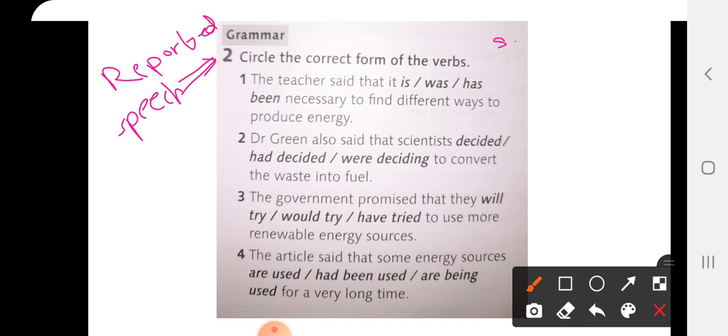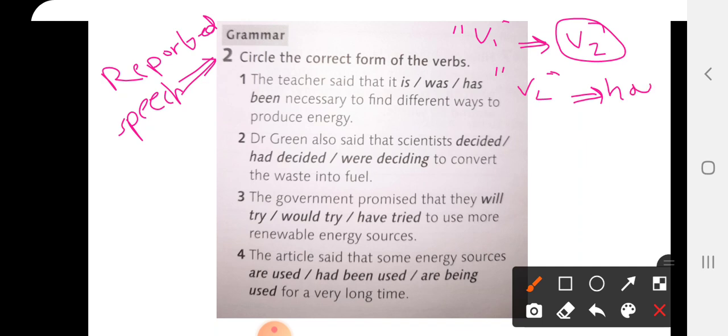Now, verb 1 or present simple is changed into what? Verb 2. So we have to look for verb 2. If the sentence contains verb 1, and verb 2, no. It's the past simple that we are chasing for. Okay? If we have verb 2, so it must be what? Had plus verb 3.